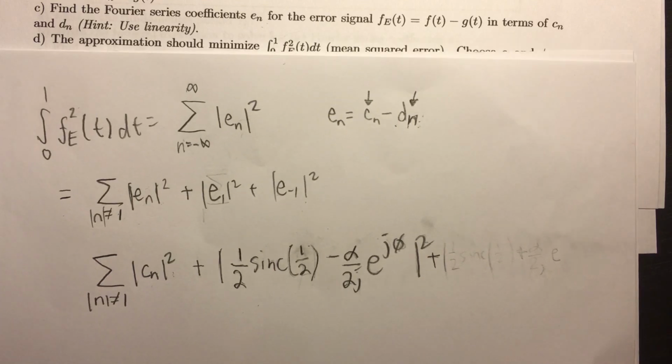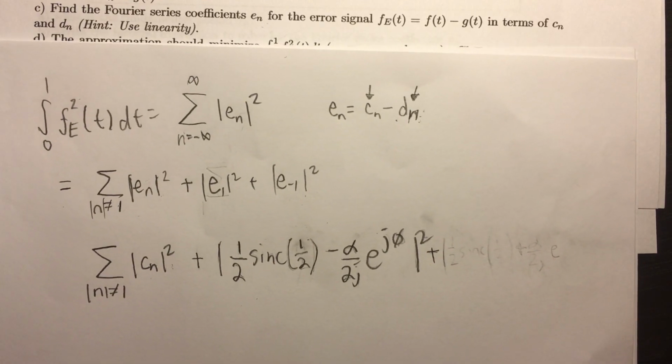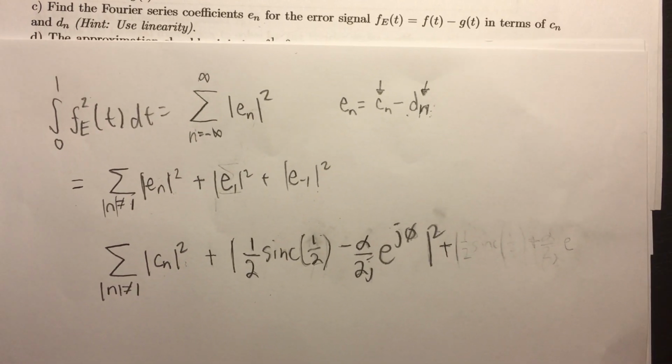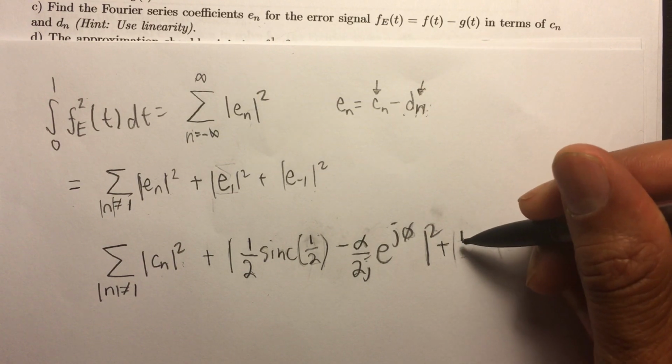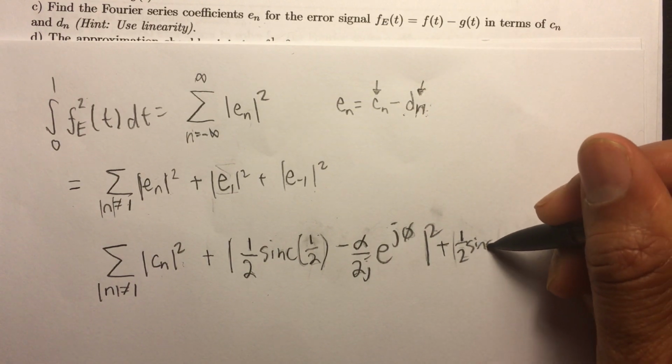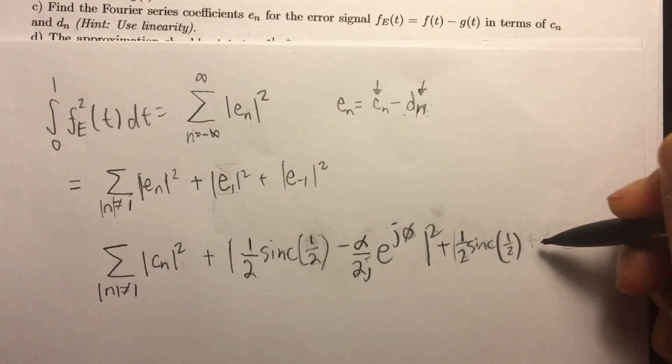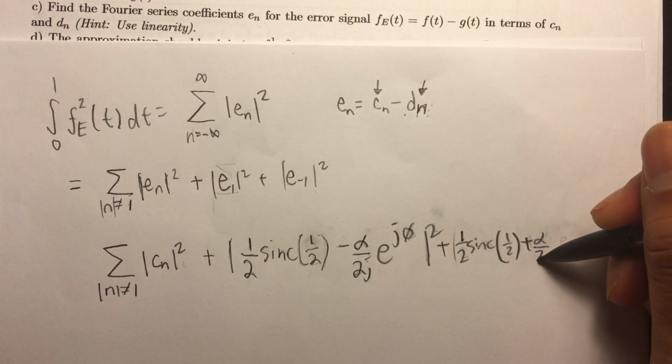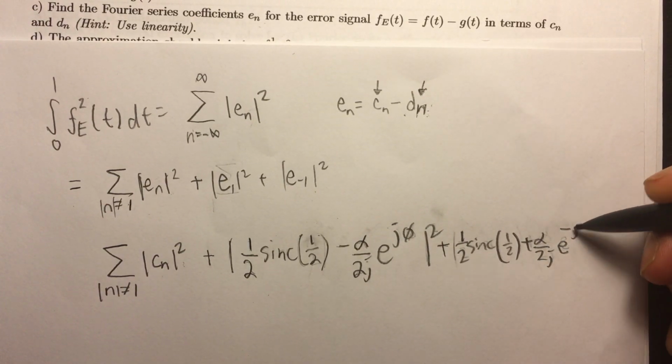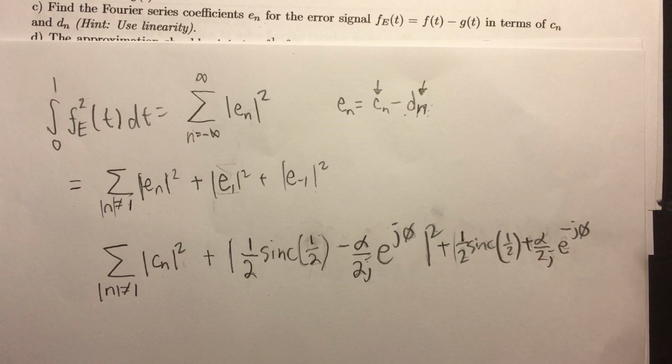And then the second term, of course, is 1/2 sinc 1/2 plus alpha over 2j e to the minus j phi.